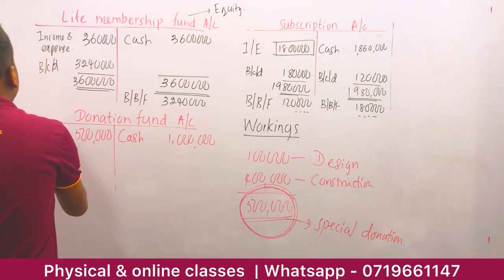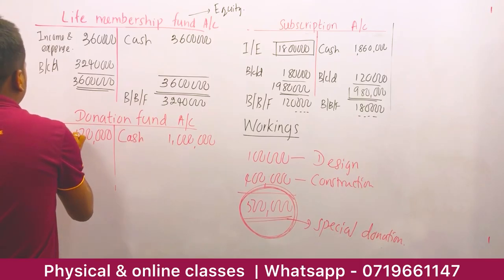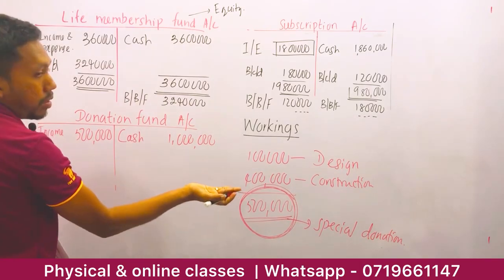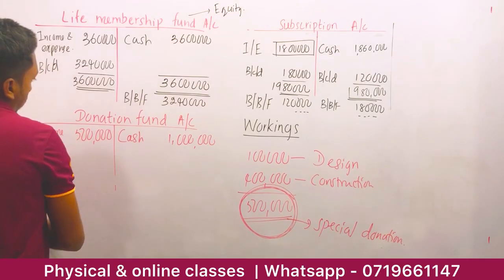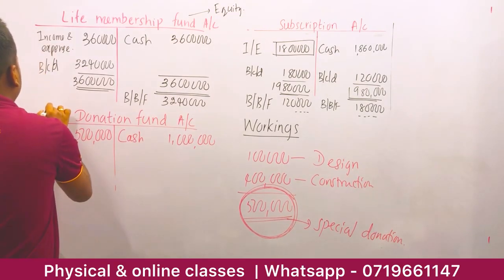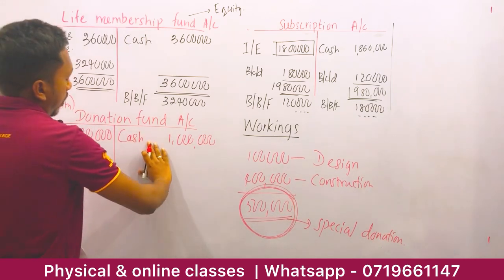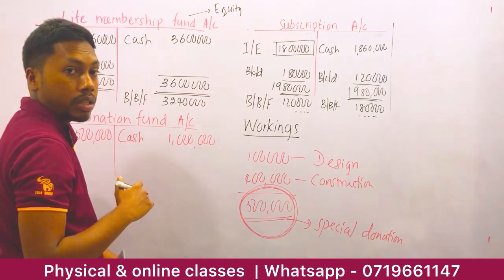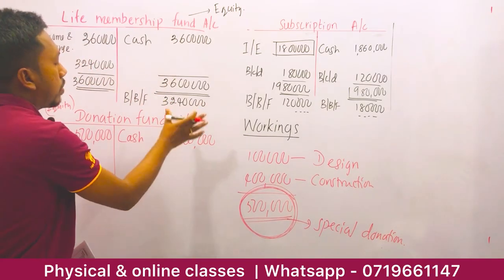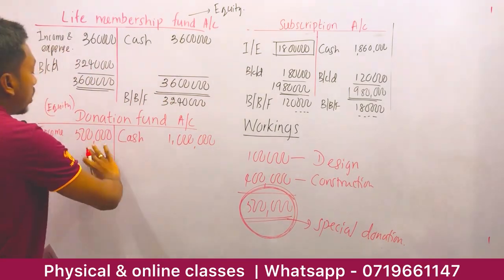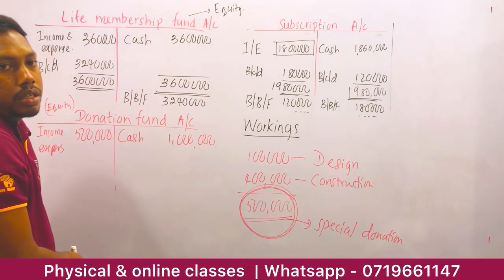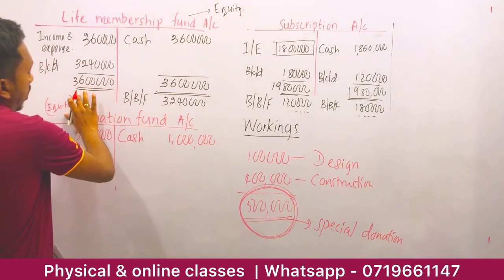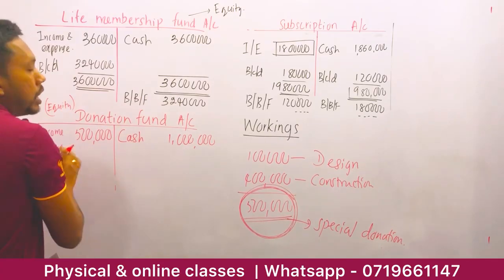500,000. Here, income and expenses, because this goes to income and expense account as an income, right? Here, this is an equity account, a fund account. When we receive the donation, the equity goes up. So this equity account is credited. When this fund is utilized, the fund decreases. So when equity decreases, it should be debited, right?